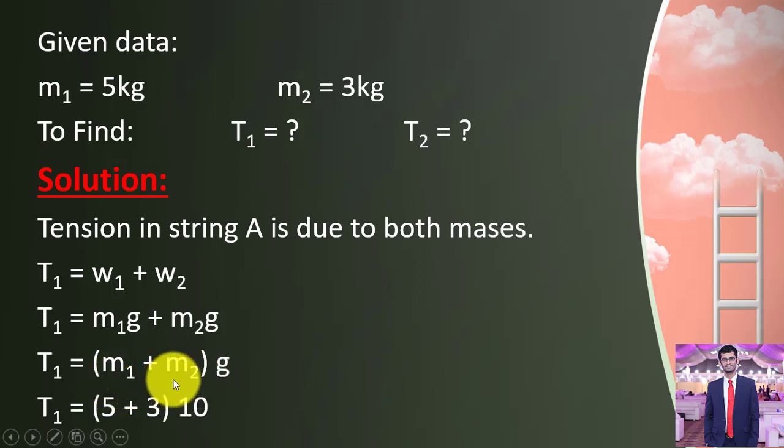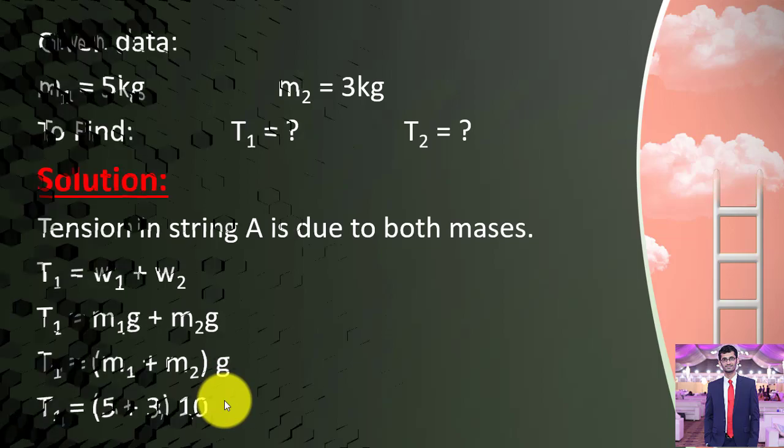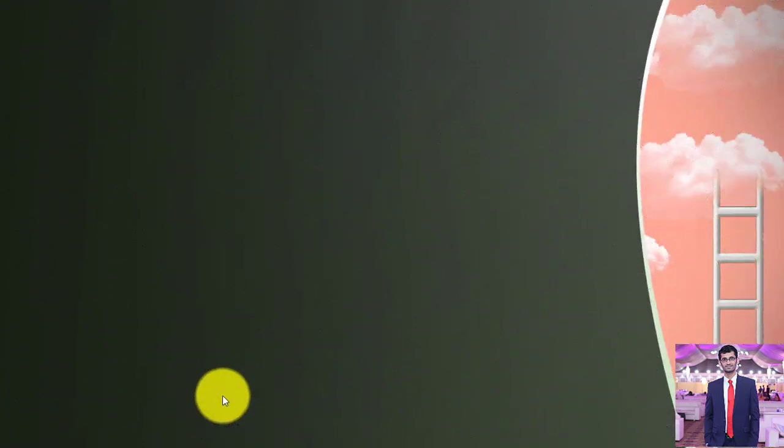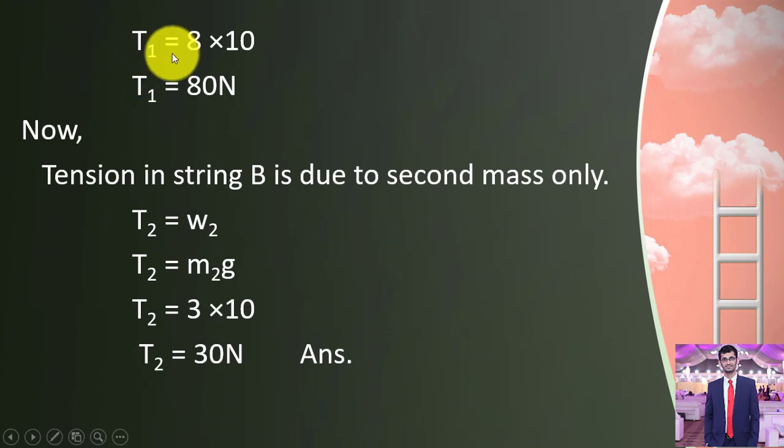Putting the values of m1 and m2, we get T1 is equal to 5 plus 3 multiplied by 10, that is the value of gravitational acceleration. T1 is equal to 8 multiplied by 10, which comes out to be T1 is equal to 80 Newton. So dear students, this is the value of the tension in the first string.